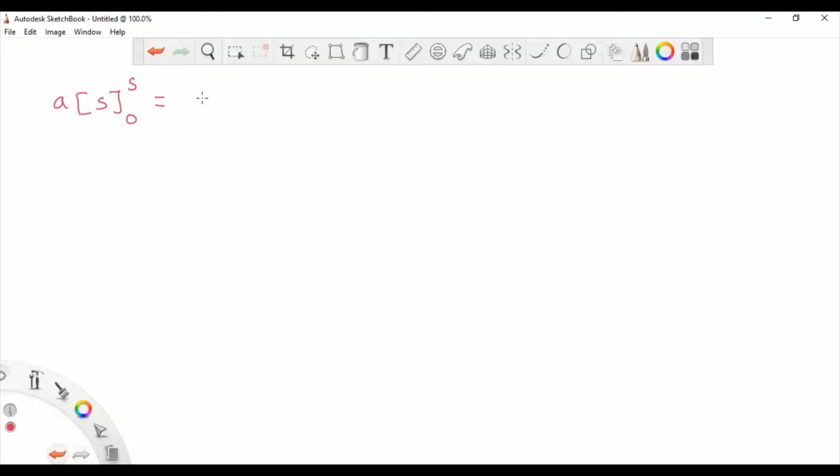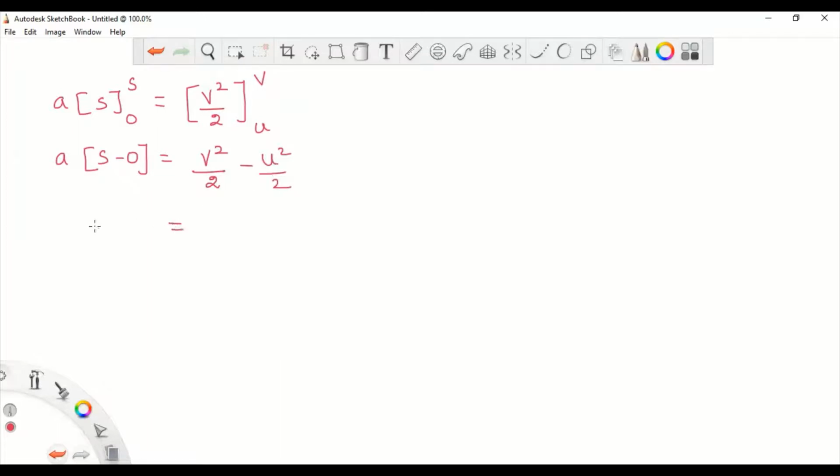So when you integrate v dv, you will get v square by 2 between the limits u and v. So upper limit minus lower limit again here. So s minus 0 is equal to, here upper limit is v, so v square by 2 minus u square by 2.